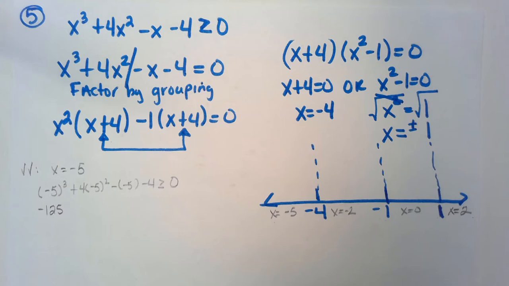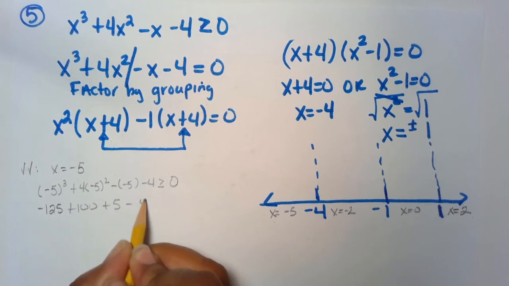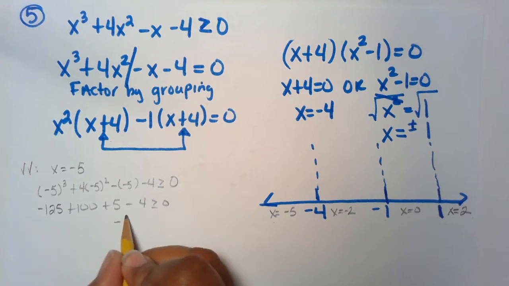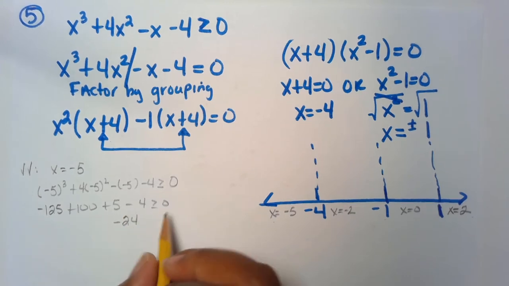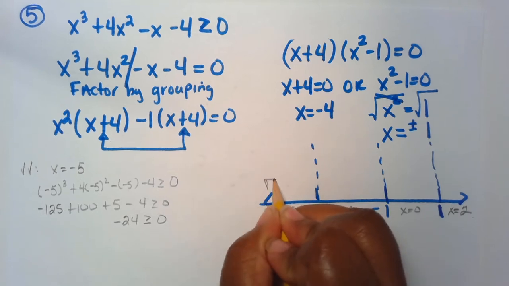Then we have 25 times 4, that would give us plus 100, plus 5 minus 4. So -125 plus 100 plus 5 minus 4 gives us -24. Is -24 greater than or equal to 0? True or false? That would be false.